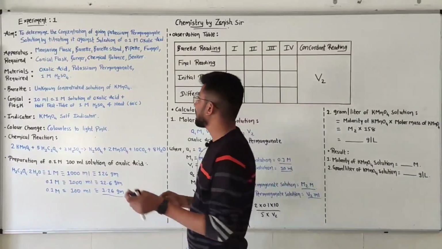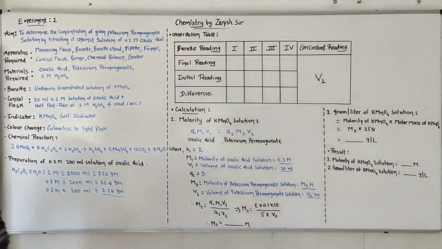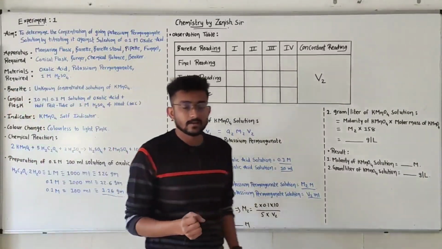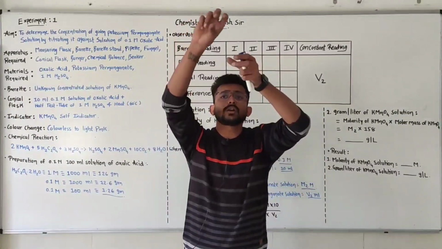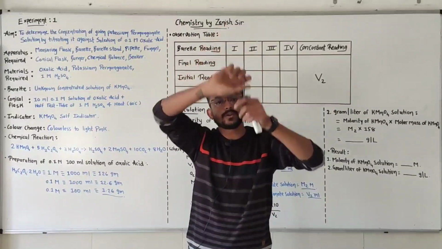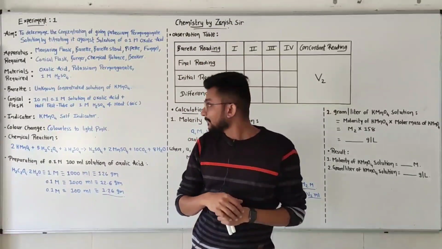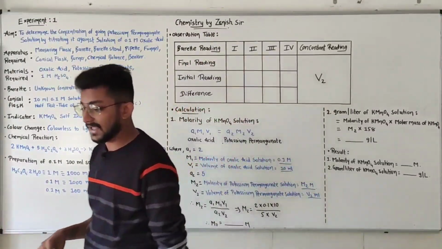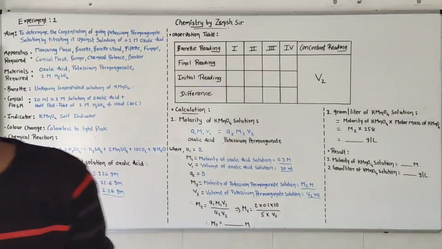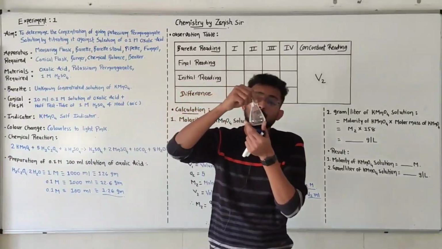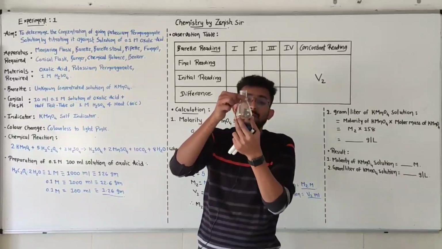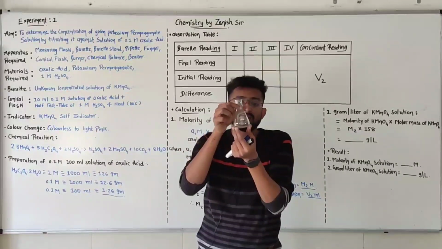After that there is a funnel. Every single one of you is familiar with the funnel, right? The funnel will be used to pour the KMnO4 solution into the burette. After the funnel, there is a conical flask. A triangular shaped flask is known as a conical flask.